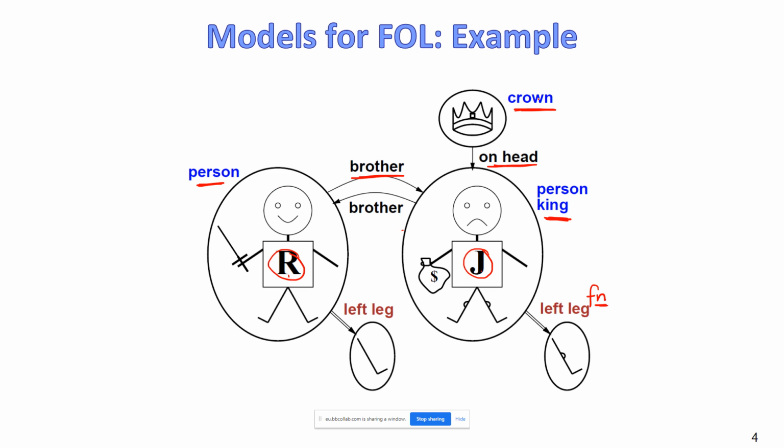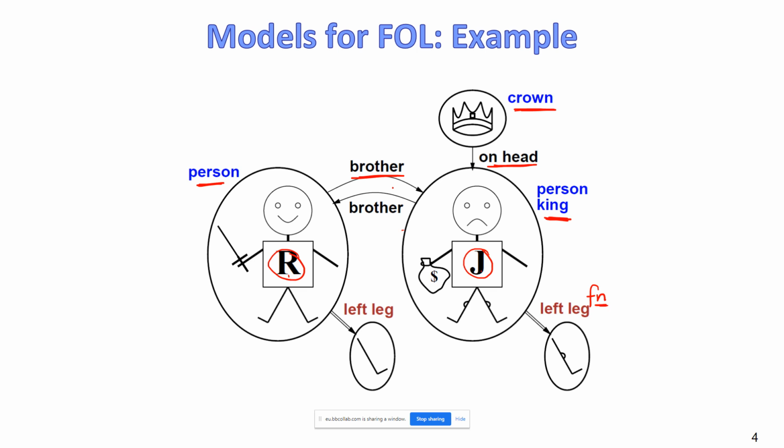The crown of John itself is an object, but crown by itself is a property. I can say that it's a property of that crown. It can be a property of another crown, right? So crown, if you think of it that way, is a relation that takes only one object. So it's again a unary relation.